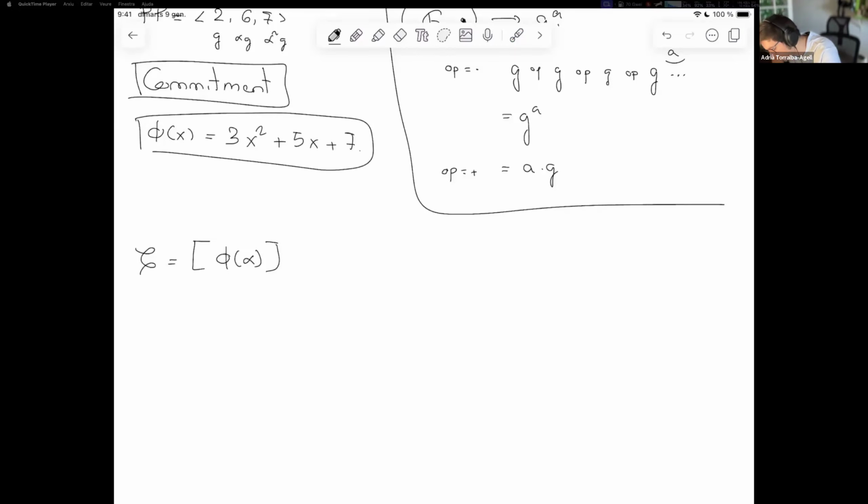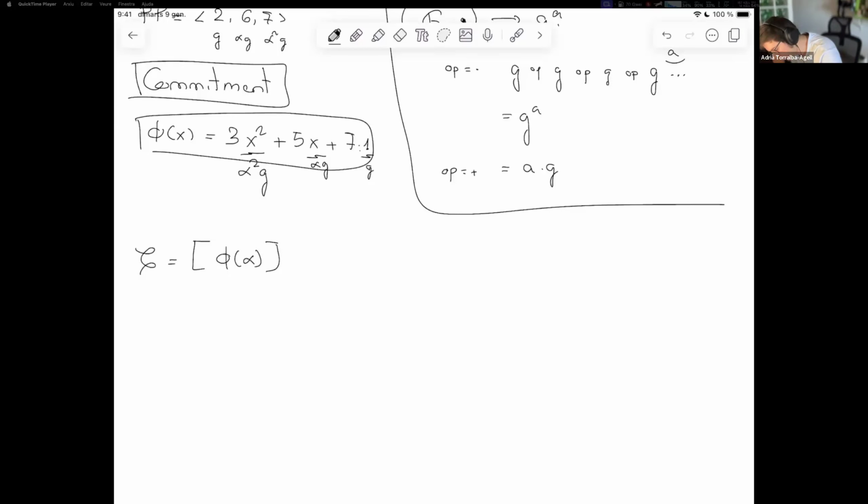It means that this x squared will be alpha square g, this x will be alpha g, and this constant term will be g.